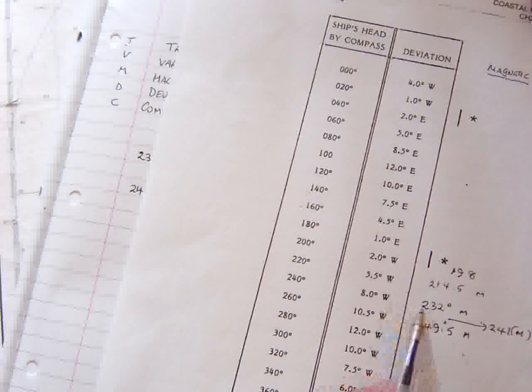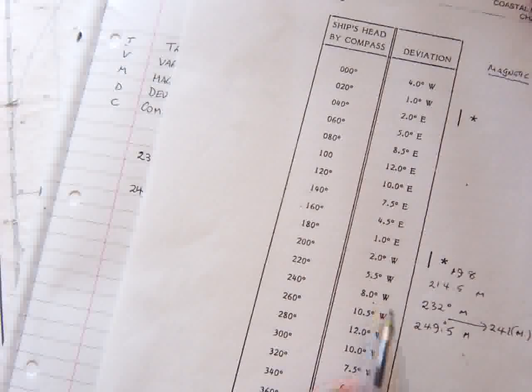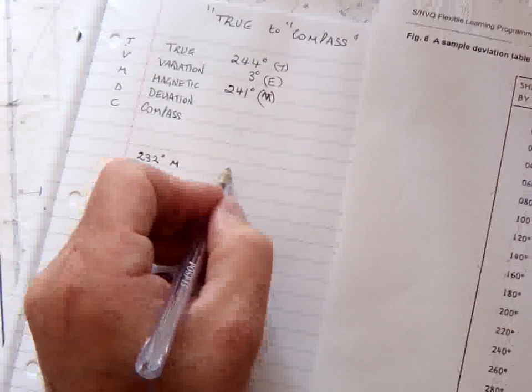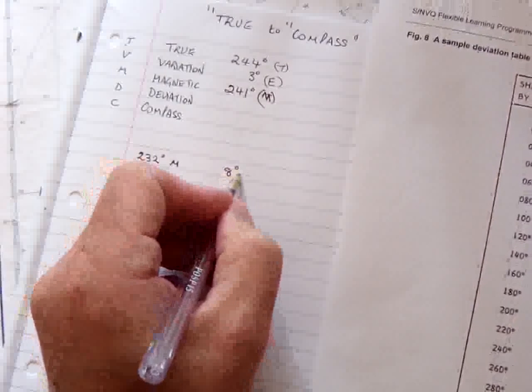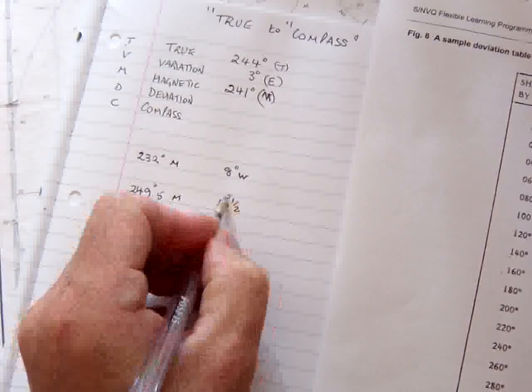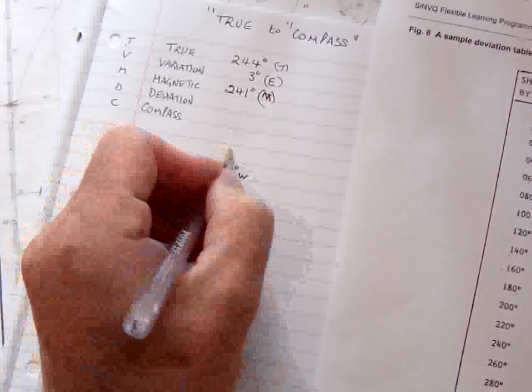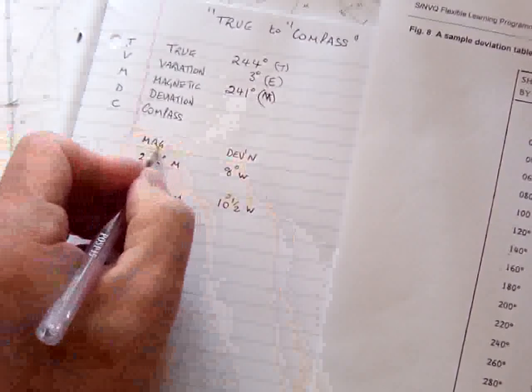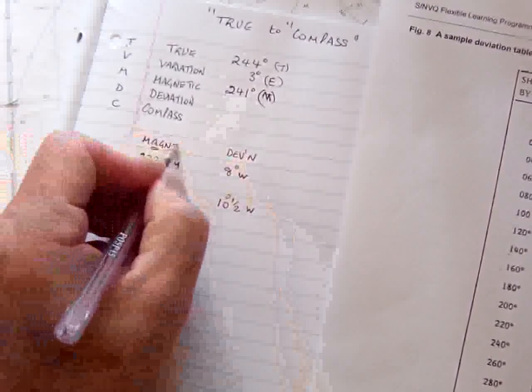At 232 magnetic, it's 8 west, 249.5 magnetic, it's 10.5 west. So let's write down those two values: 8 degrees west, 10.5 degrees west. So that's the deviation, and these are our magnetic headings.